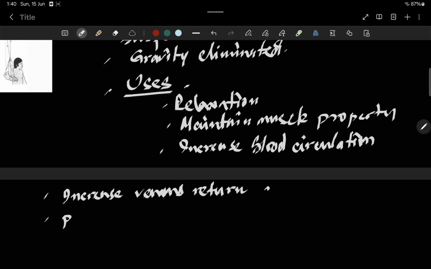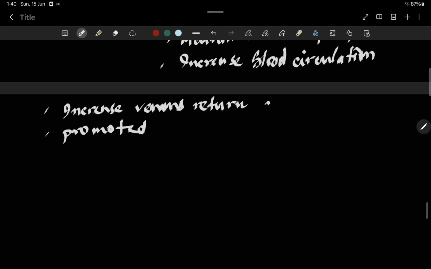Next, promotes lymphatic drainage. Now there comes the mechanism.